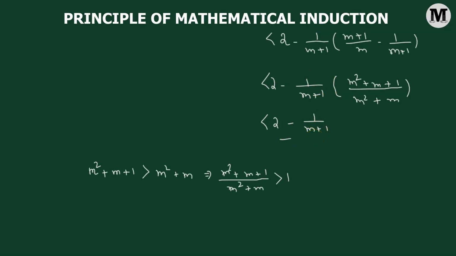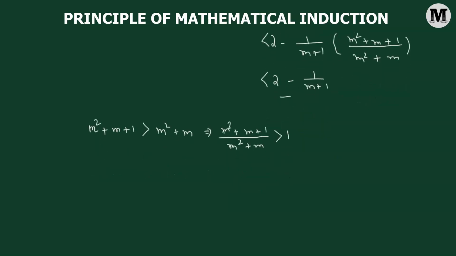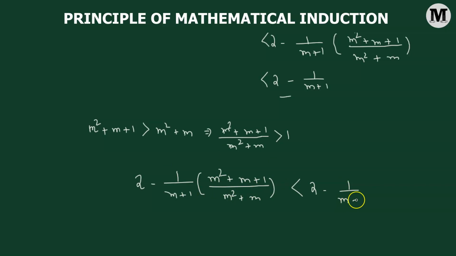Okay, let's write it down. So here what we are saying is that 2 minus 1 over (m plus 1) multiplied by (m squared plus m plus 1) divided by (m squared plus m), we're claiming that this entire expression is less than 2 minus 1 over (m plus 1).